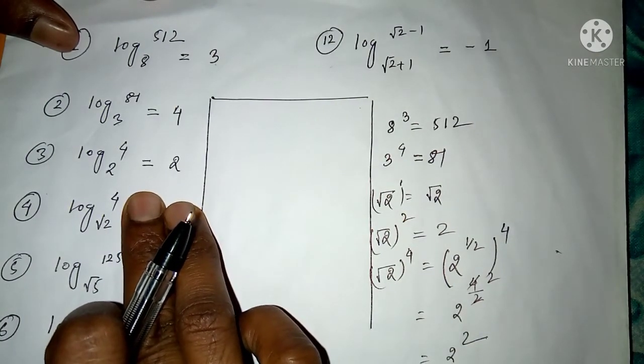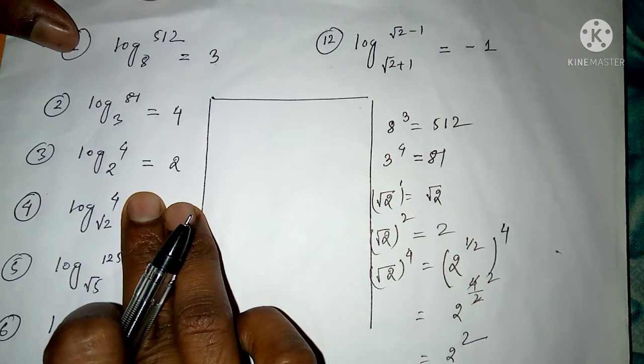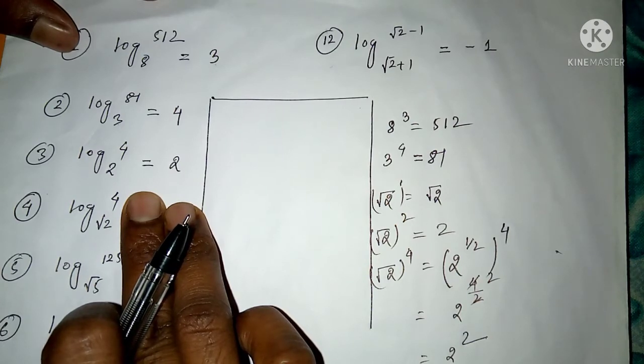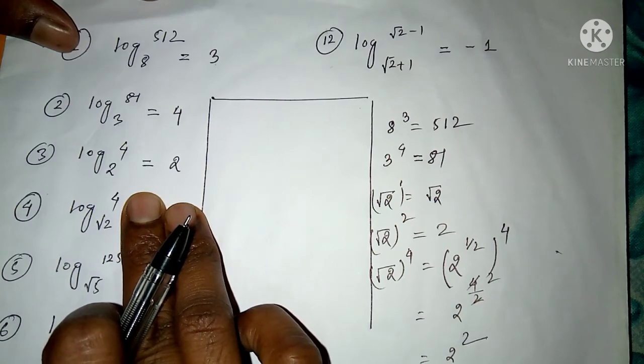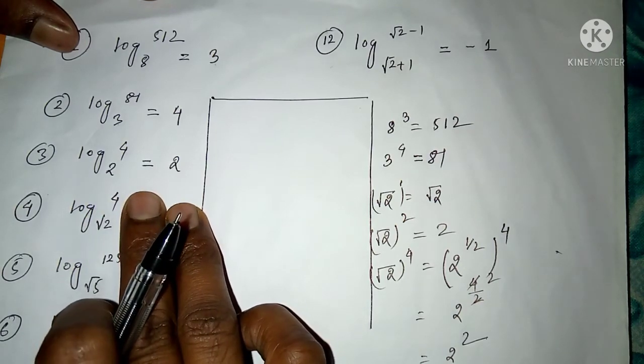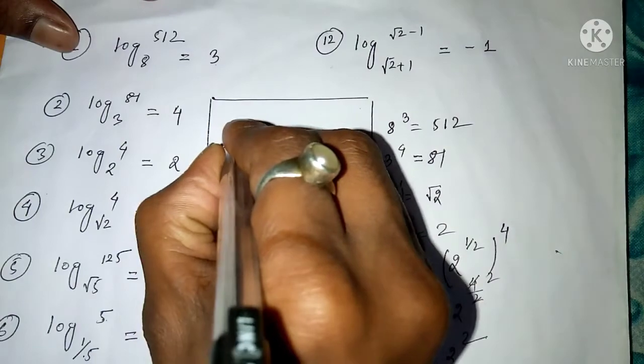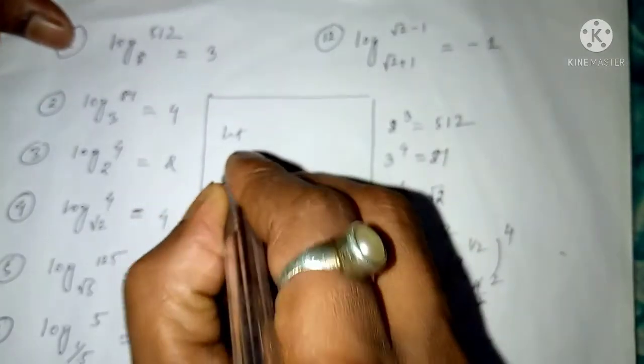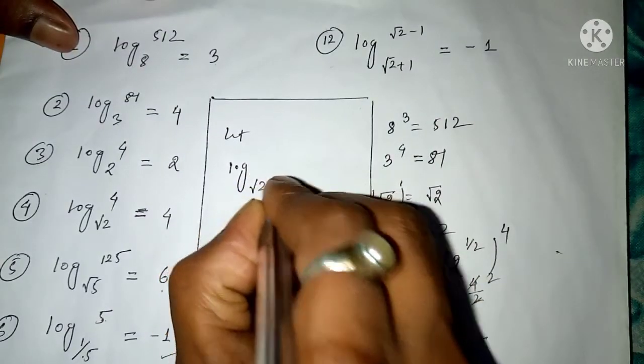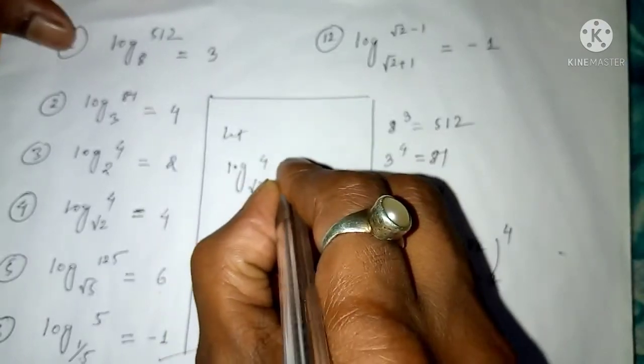Now you are asked to evaluate log of base root 2 of 4. Whenever you don't know or you have any confusion, then you assume this quantity is equal to x. That means you write let log base root 2 of 4 is equal to x.